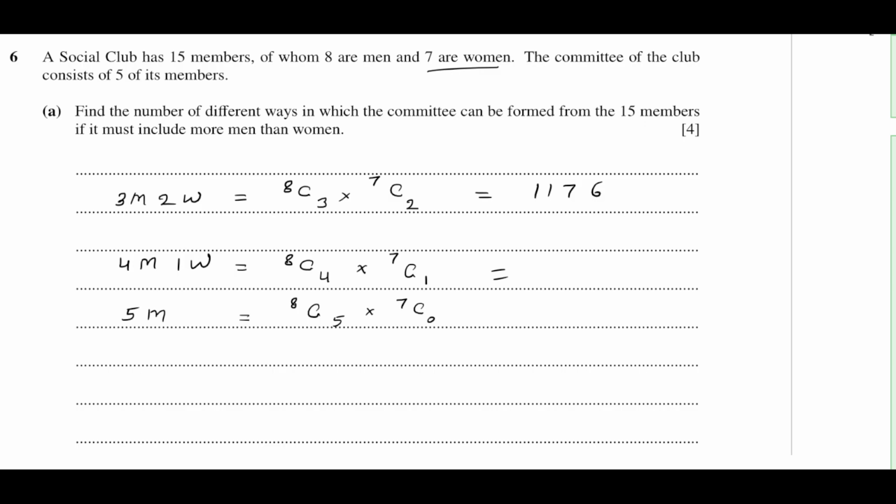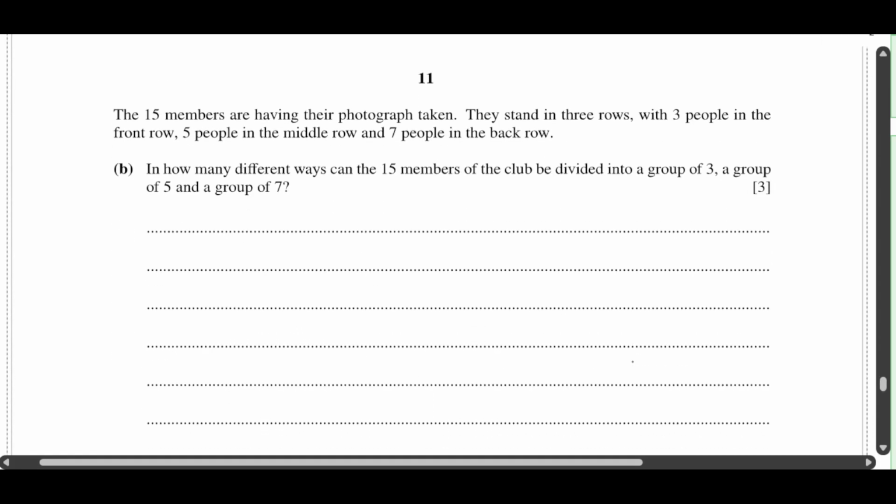Then the second result, 4 men and 1 woman, is 490. And all 5 men will be 56. And therefore the total is 1722. So the number of different ways is 1722.